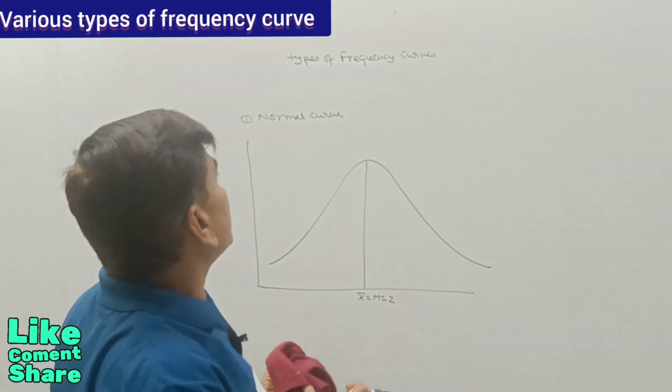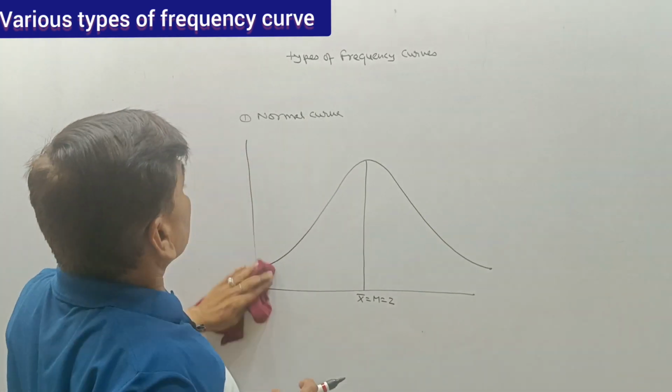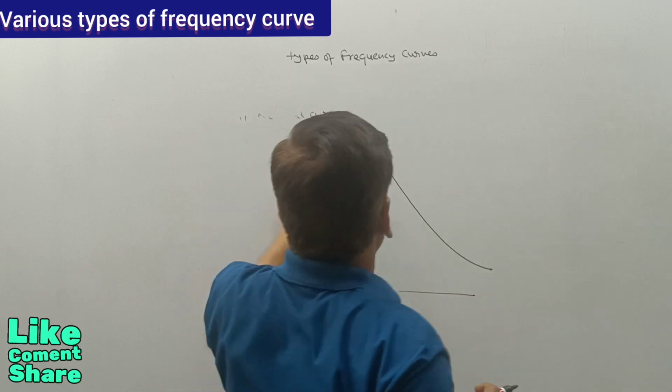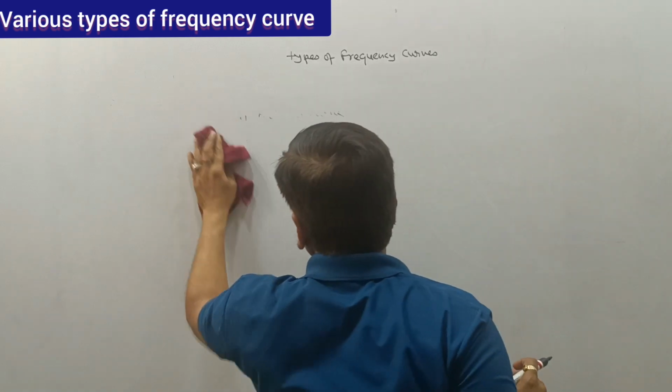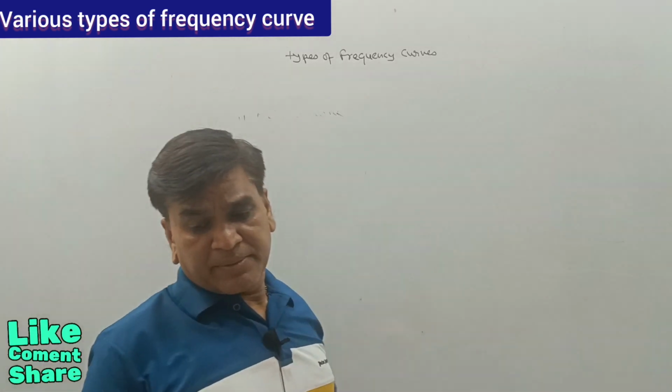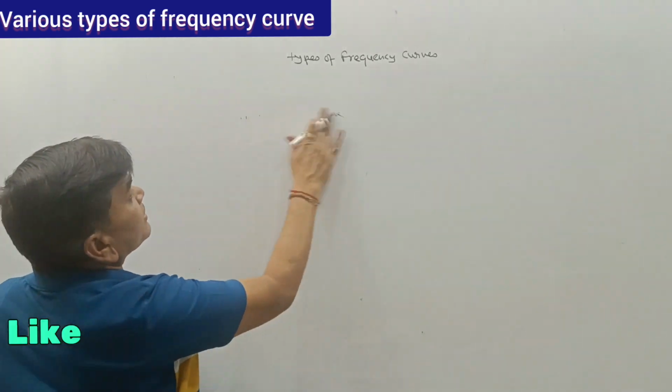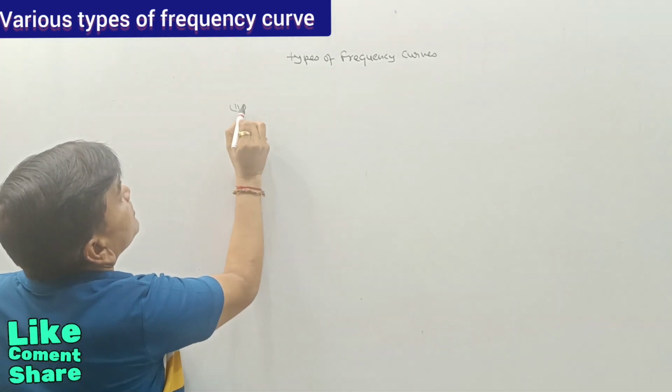Sometimes the frequency decreases and then increases. That is called a U-shaped curve.